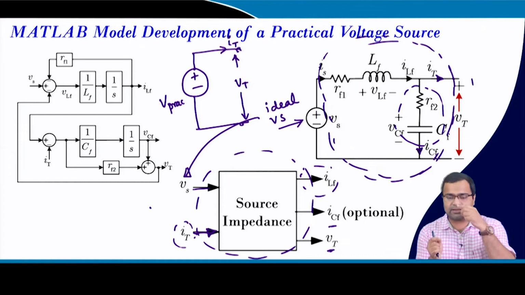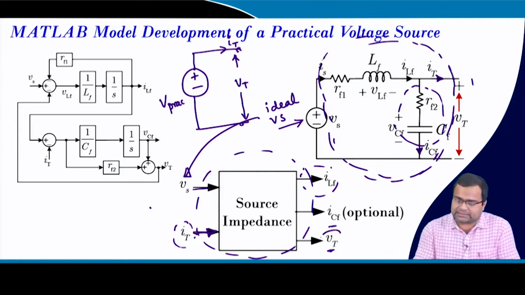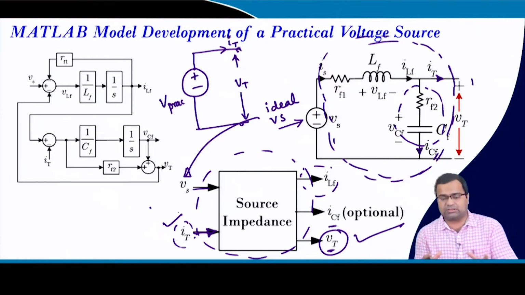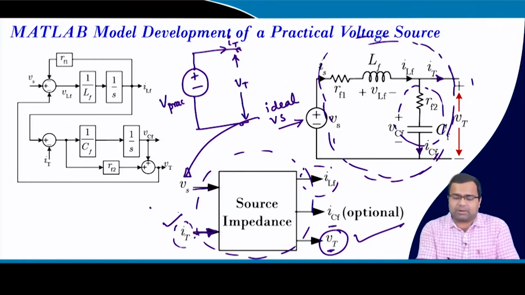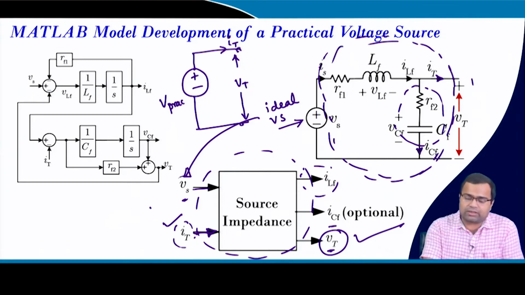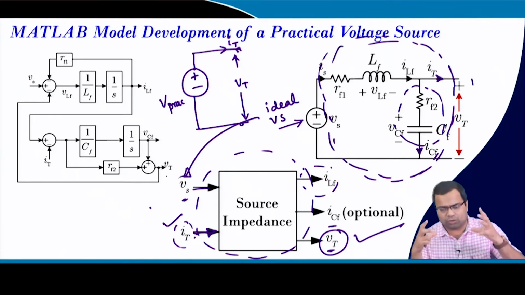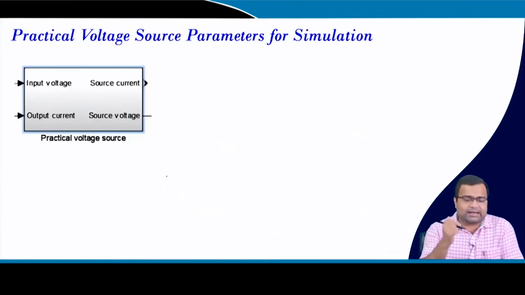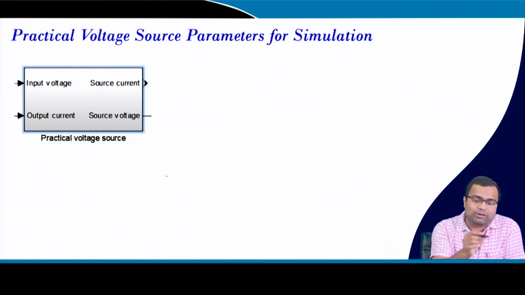The other things are internal. But in this simulation, since this is separate, we are connecting an ideal voltage source, so this whole thing is combined as a voltage source. Now, I want to show the performance of a practical voltage source. I have created a model, so I will go to the model, which is a Simulink block.